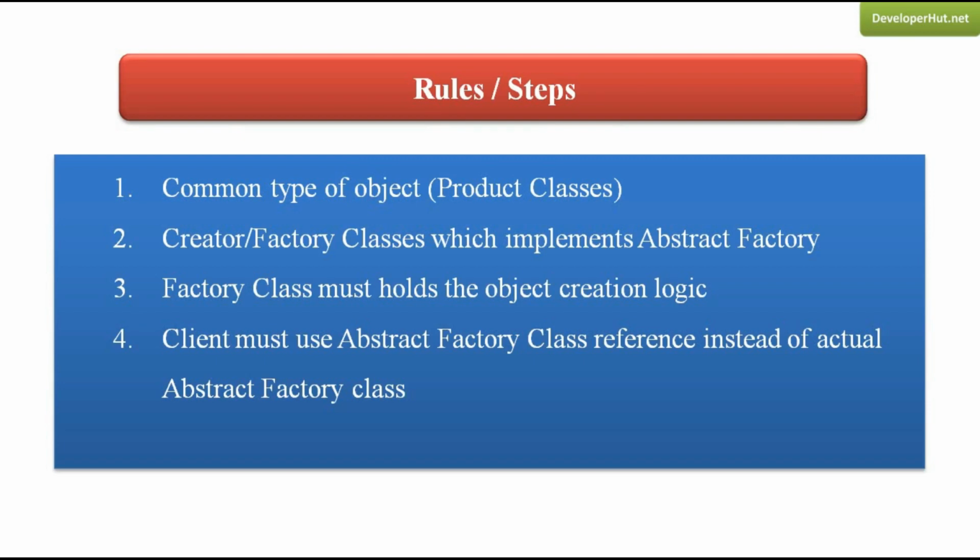Next, we need the creator or factory classes, which are basically responsible for creating the common type of object or our product classes, and they should implement the abstract factory class, right? The next is the factory class must hold the object creation logic, which is similar to our earlier factory design pattern as well, right? And last, the client must use the abstract factory class reference instead of the actual factory class. Okay, now let's see how it works.